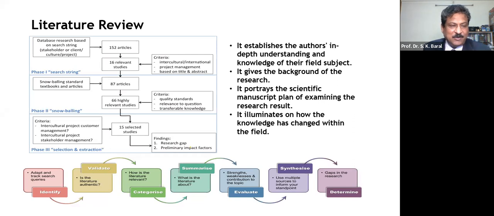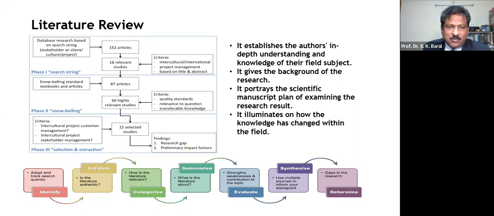The second is the snowballing phase, the first phase is the search string, and the third phase is selection and extraction. Extraction, you see, whatever literature you are getting, it must be relevant to your subject, relevant to your queries, relevant to your research gap, and relevant to your problems.